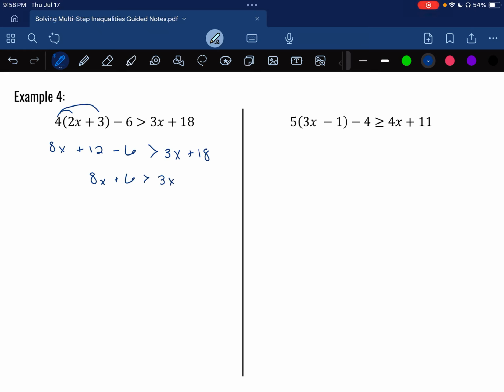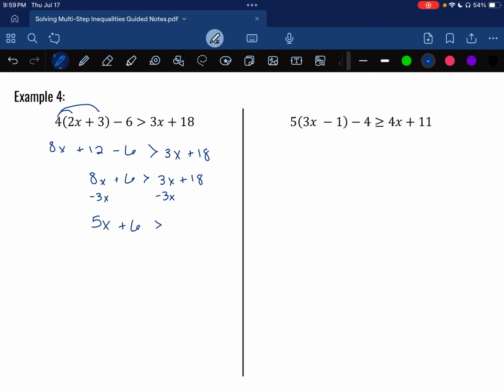All right, so I've got 8x plus 6 because I did 12 minus 6. And that is greater than 3x plus 18. Again, trying to get the variables on one side. So I'm going to subtract 3x, got 5x plus 6 is greater than 18.